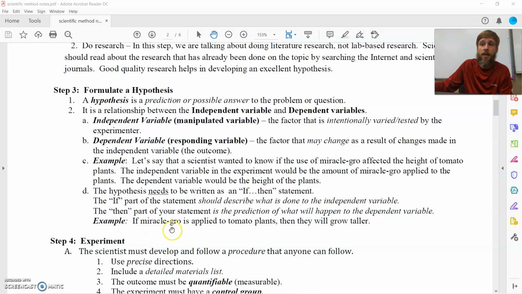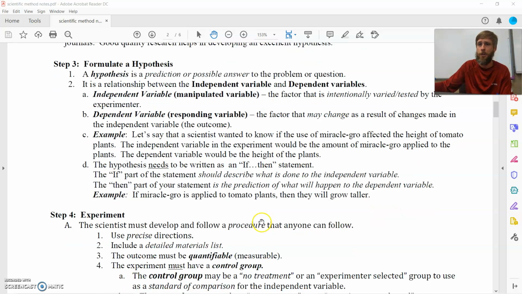So adding Miracle-Gro to the tomato plants is the what variable? Right, independent variable. Then they will grow taller is your dependent variable. So you are measuring how tall they grow. So the relationship between the independent and dependent variable formulates your hypothesis. So think about that whenever I ask you to formulate a hypothesis in the future.